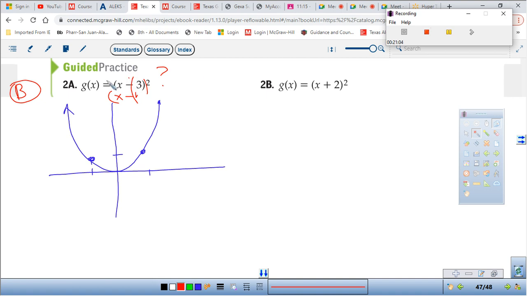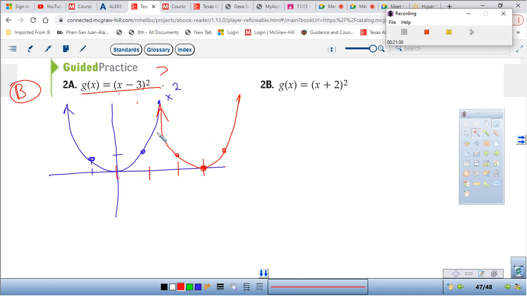So what it's asking me here is to compare this one in red to the parent function of x squared, right? So what this one does, you see that one right there? It's just going to say, hey, slide 1, 2, 3 units to the right. And please make sure it's 1 over, 1 up, 1 over, 1 up.